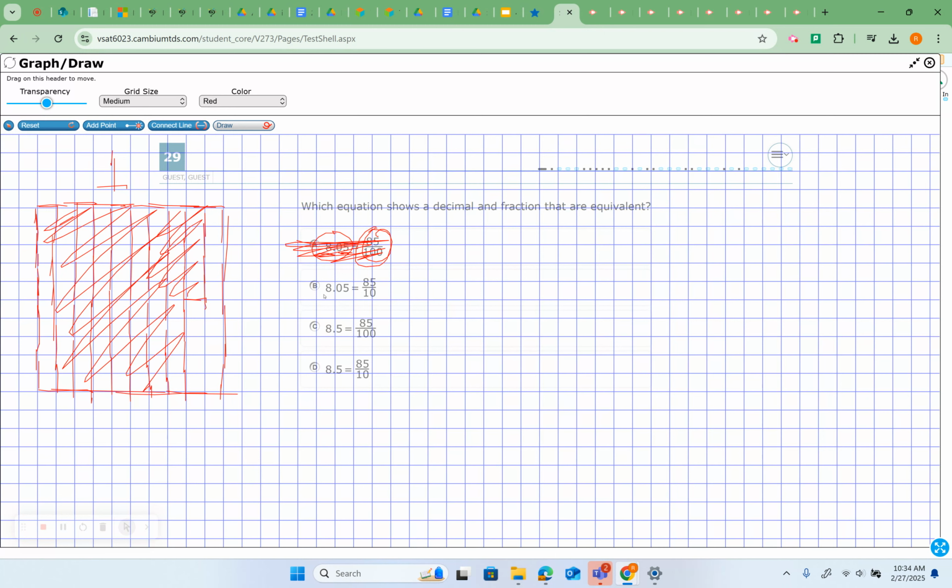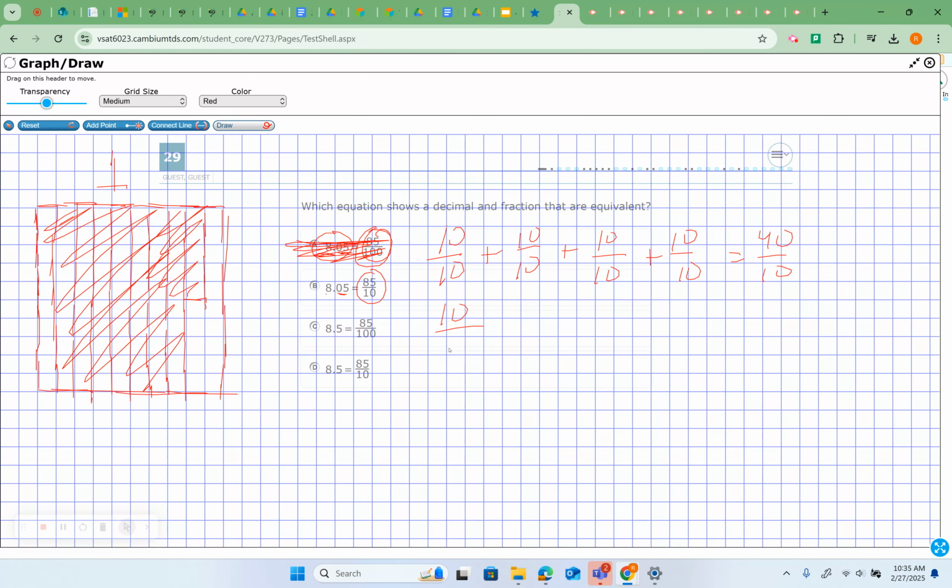How about this one? 8 and 5 hundredths. This is 85 tenths. So if I look at this, I will do things in tenths. I'm going to go 10 over 10 plus 10 over 10 plus 10 over 10 plus 10 over 10. That's what? 40 tenths.